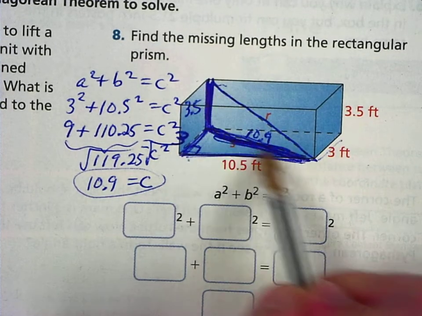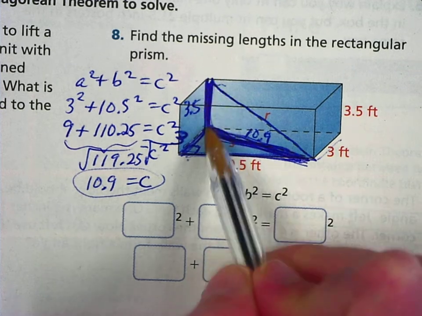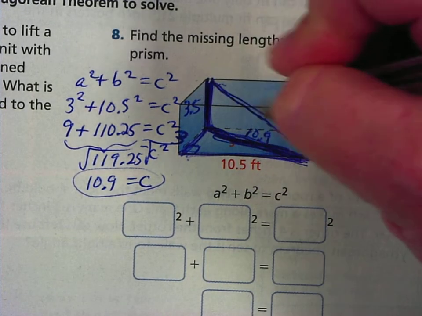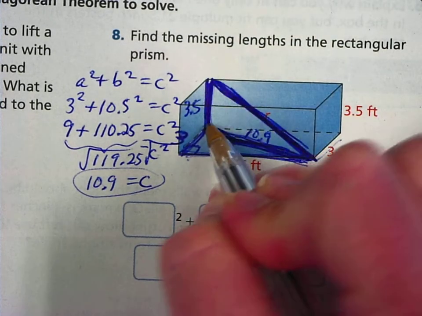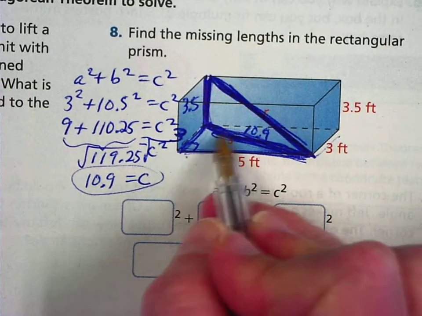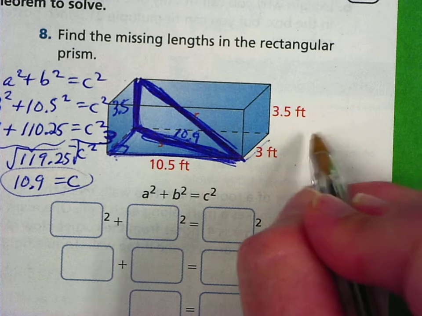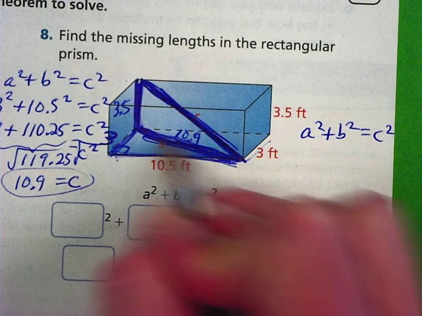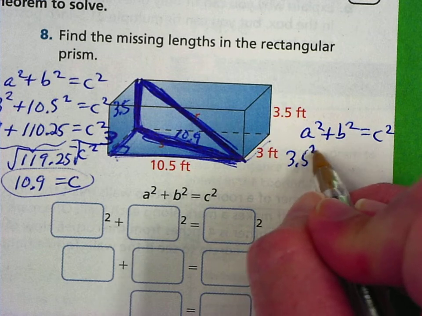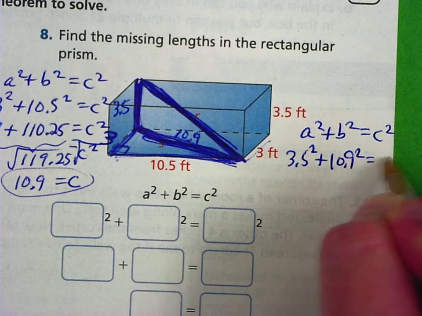I'm going to now use the bottom as a leg and the height as a leg to find this diagonal going across the center through this box. So now 3.5 and 10.9 become my 2 legs. So now part 2 of this, a squared plus b squared equals c squared. Again, 3.5 squared plus 10.9 squared equals c squared.